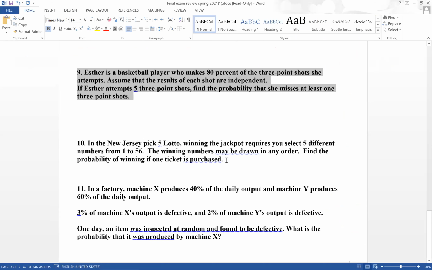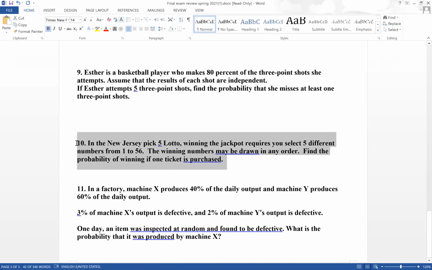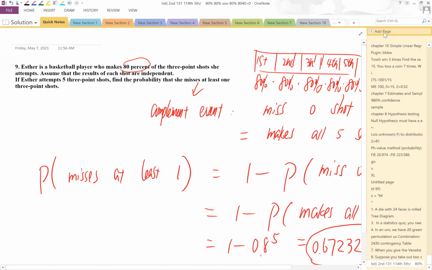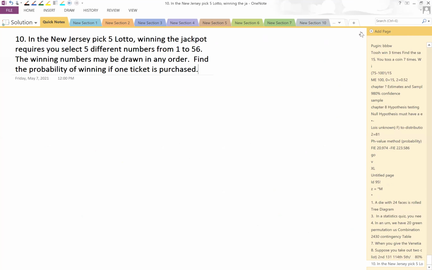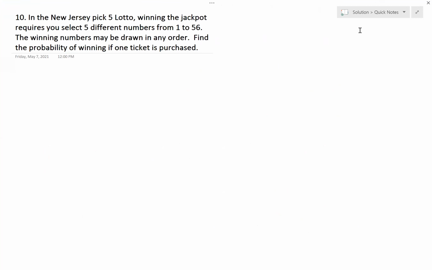All right, so question 10 is about the New Jersey Pick 5 lottery game. New York City also has their own game, right? So every state basically has a game. It's pretty interesting. Let's look at it. Okay, so New Jersey Pick 5 lottery game, winning the jackpot requires you to select 5 different numbers from 1 to 56.